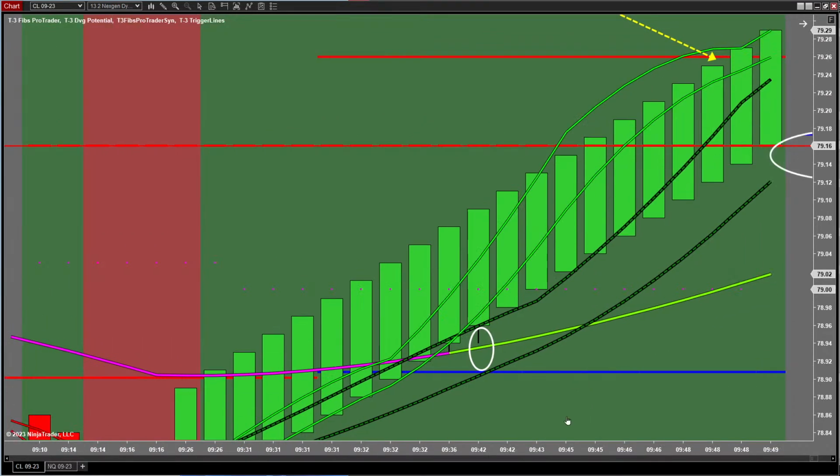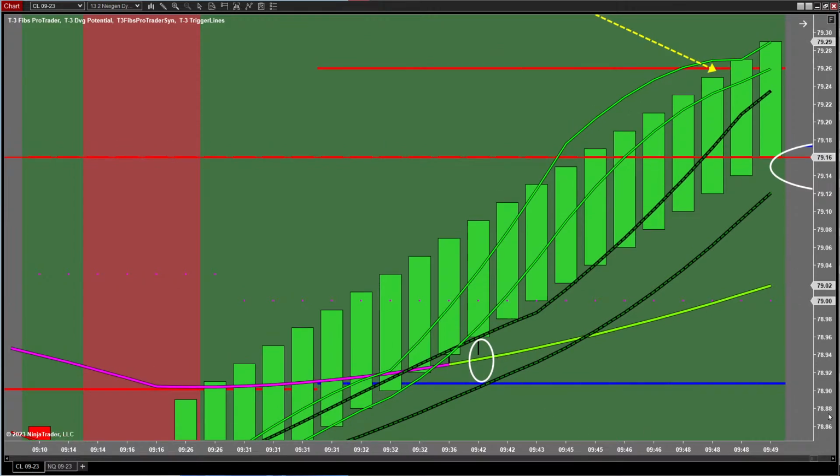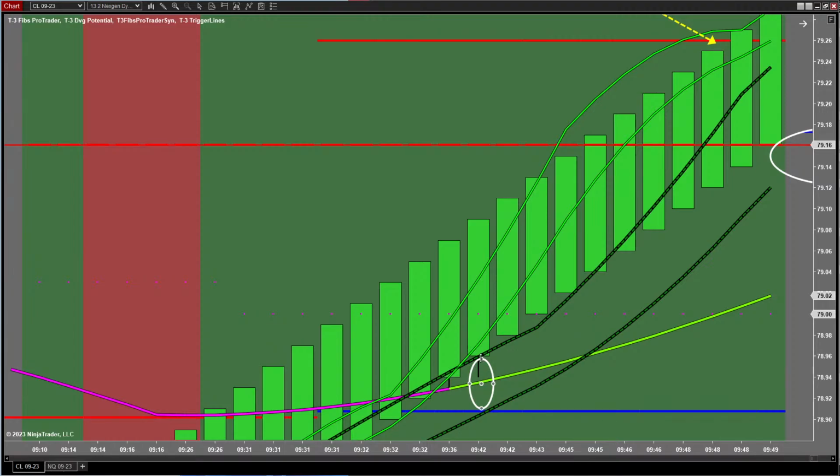If you're expecting it to go to 25 or 26, somewhere up there, you can try to get in 1 or 2 ticks lower, but if you miss it, you're missing over 1 or 2 ticks. Given the context of the market, meaning the quality of the bottom and the strength of the triggers, you have 2 choices.